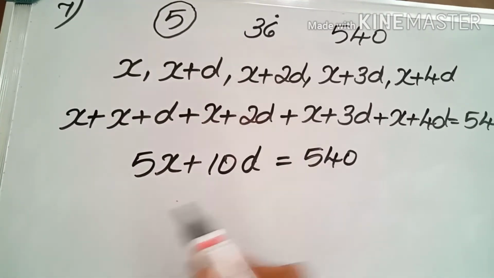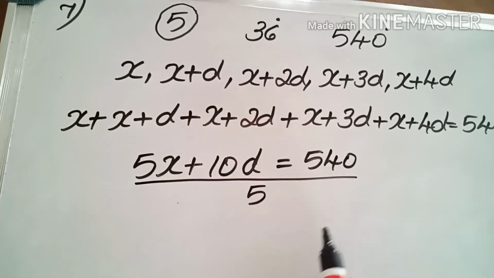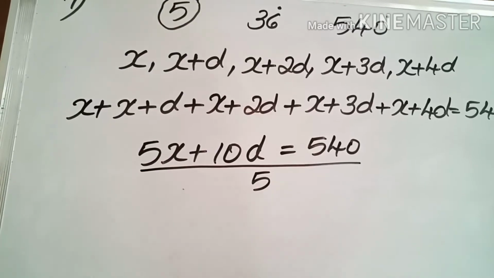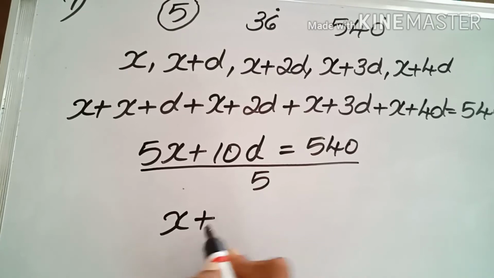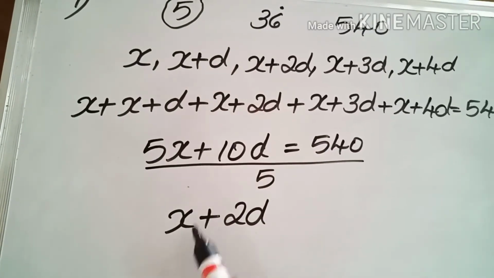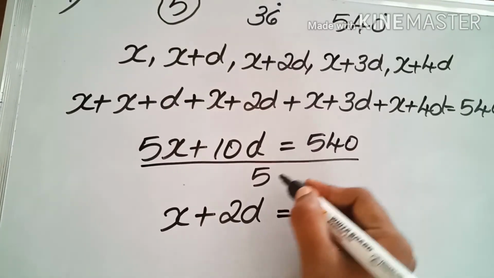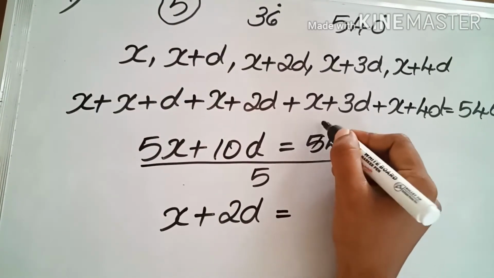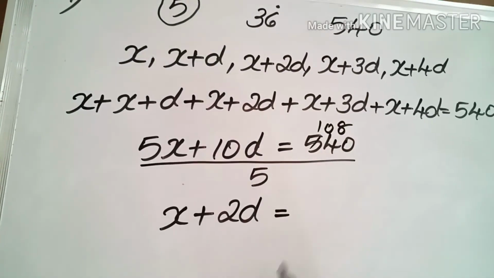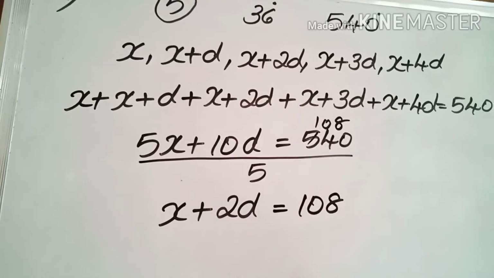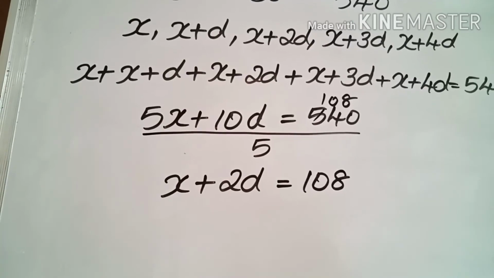All are multiples of 5, so let's divide throughout by 5 to make the equation easy. 5x by 5 is x, plus 10d by 5, that is 2d. 540 by 5 is 108. So the equation becomes x plus 2d equals 108.